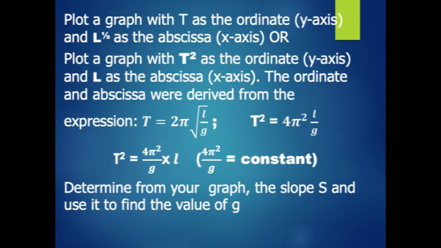By the time you rework your calculation, the formula, you are going to have 4 pi square all over g multiplied by L. Remember, you have plotted the value of T square and L. The value of the expression 4 pi square all over g is the slope in that expression. Equate that expression to the value derived from the slope of your graph. You work it out, it's going to give the value of g.